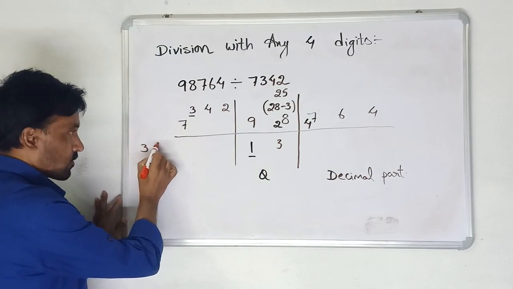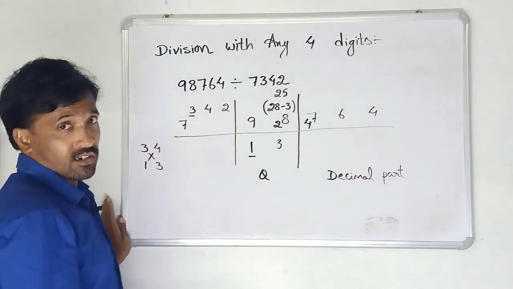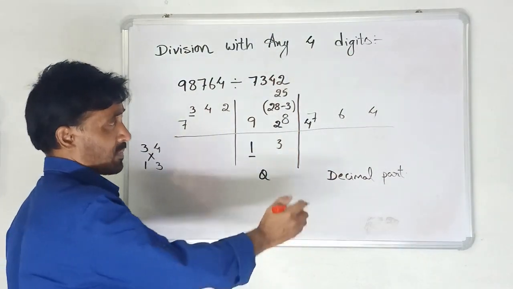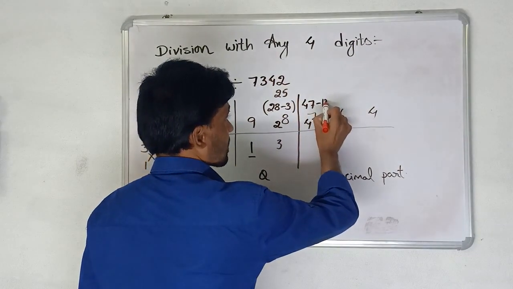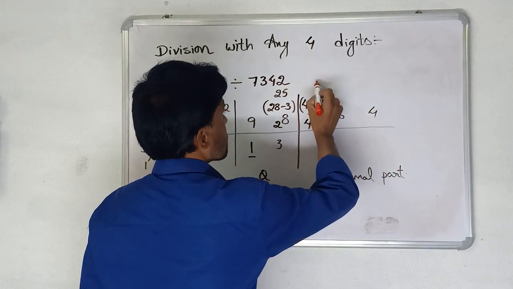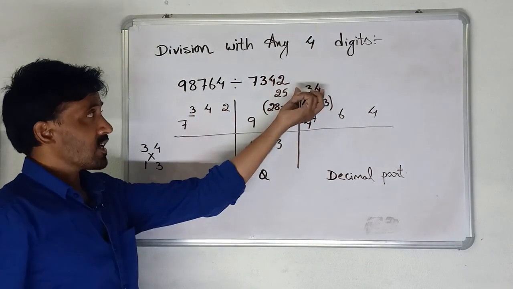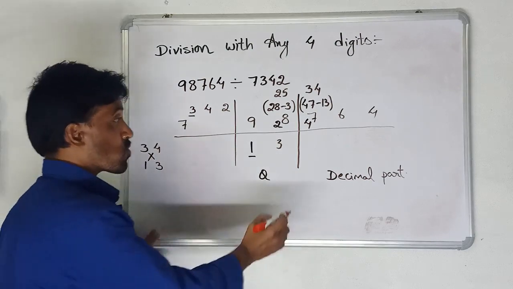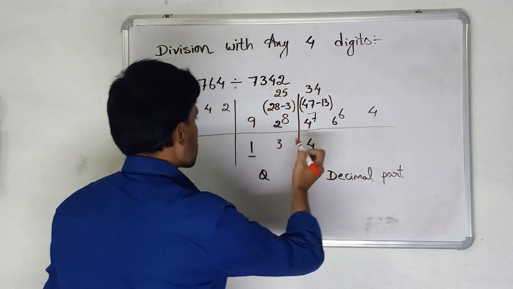Now take 3 and 4 as 1 3 and do cross multiplication: 3 times 3 is 9 and 4 times 1 is 4. 9 plus 4 is 13. From 47, 13 is to be subtracted: 7 minus 3 is 4 and 4 minus 1 is 3. Now 34 divided by 7 is how many times? 7 times 4 is 28, and it leaves remainder 6.